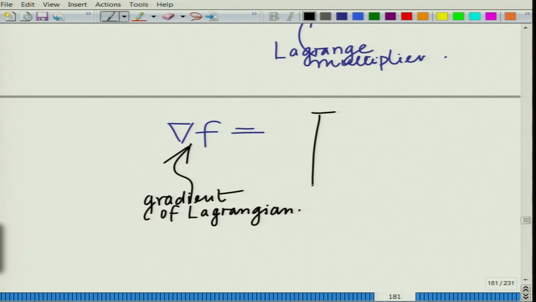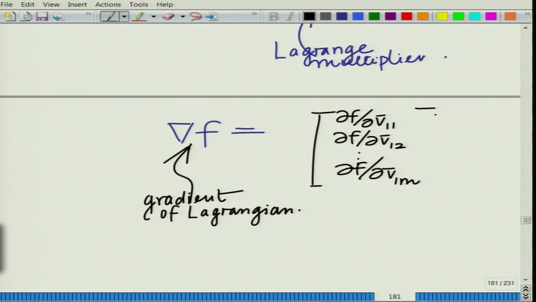The gradient is simply the partial of f with respect to every element of the vector: dou f by dou v bar 1 1, dou f by dou v bar 1 2, and so on, up to dou f by dou v bar 1 m, since this is m dimensional.